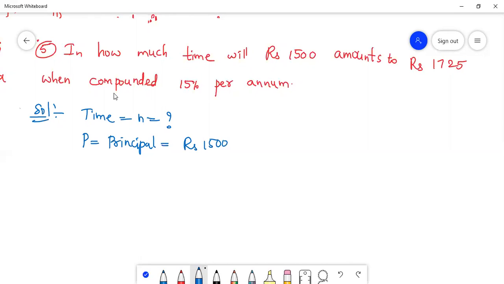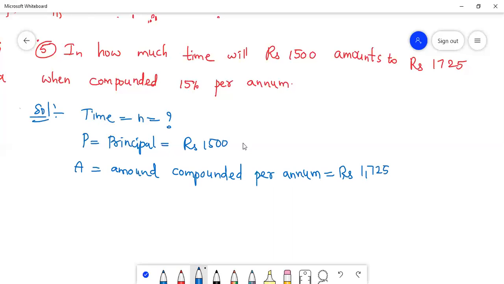After compound interest at 15% per annum, it becomes amount compounded per annum equal to 1,725 rupees. And the rate of interest R is equal to 15%.